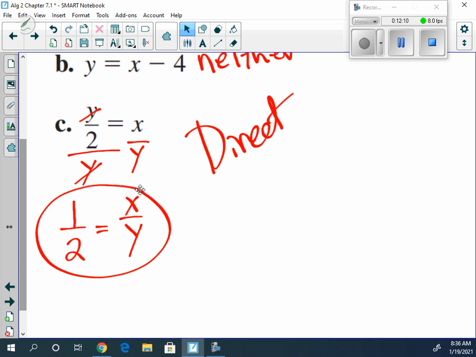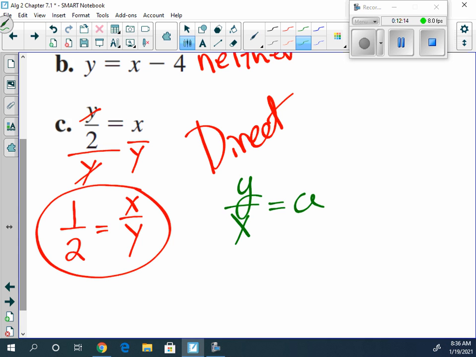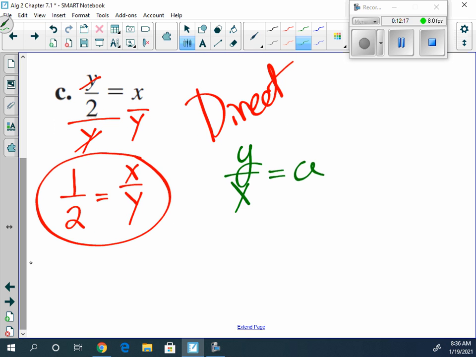Well, if I flip y over x is equal to a and have x over y, over here I'd have what? 1 over a, yes? Well, 1 over a is just a fraction, isn't it? It would just be a number, right? Because a is a constant, it's just a number, right? So 1 over a would be the same as just a.